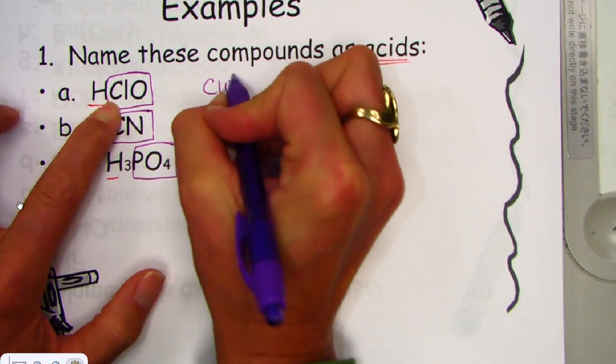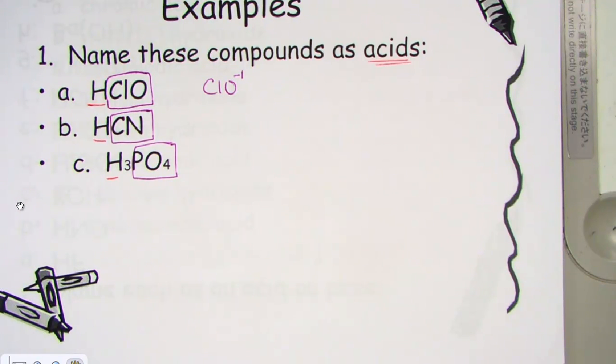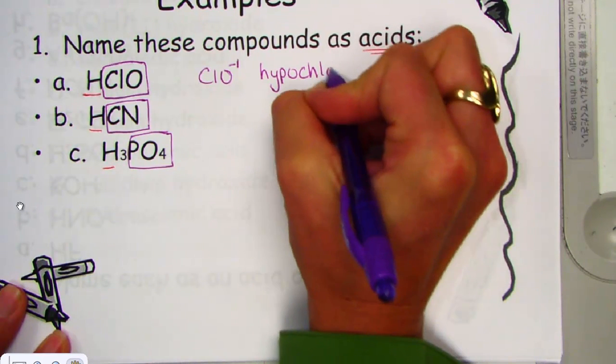ClO -1. On your polyatomic ion chart, look at yours. First column, I'm going to say most of the way down, 3/4 or better of the way down, you're going to see the polyatomic ion ClO negative. It's called hypochlorite.